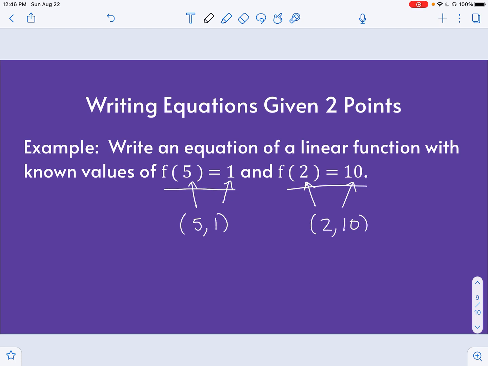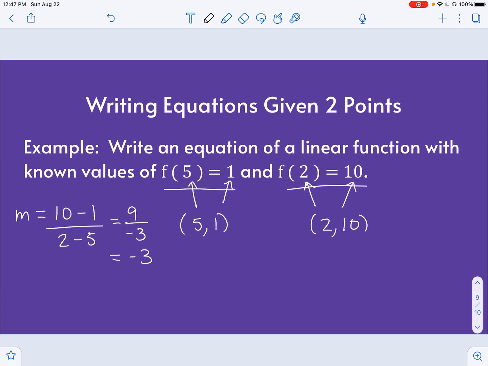So just like we did on the last slide, I'm going to find the slope between my 2 points, y2 minus y1 over x2 minus x1. So I get 9 over negative 3, which is negative 3. And I can choose to use either slope-intercept or point-slope form. Either will get us the same equation. I think this time we'll try point-slope, just because we did the opposite on the last slide.